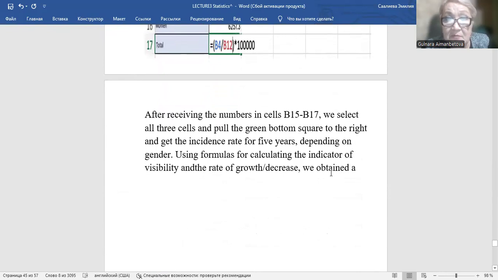After receiving the numbers in cells B15 to B17, we select all 3 cells and pull the green square button to the right and get the incidence rate for 5 years depending on gender, using formulas for calculating the indicators of visibility and the rate of growth and decrease.